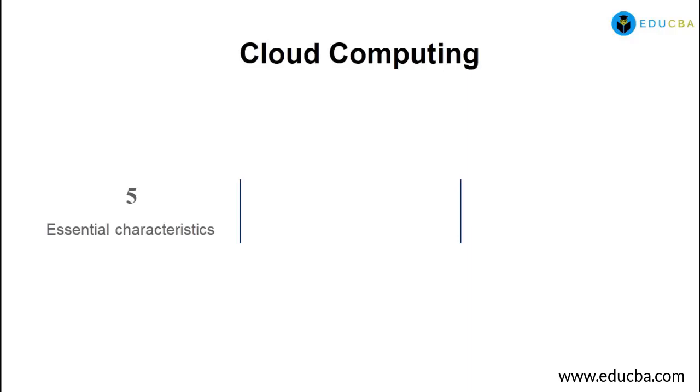If you boil it down, it is a data center providing services over the internet. We'll talk about what features or principles your data center should follow in order to call it a cloud. Then there are 3 different service models of cloud, and finally 4 deployment models that cloud generally follows whenever somebody wants to deploy a cloud. They define it under these 4 different models.